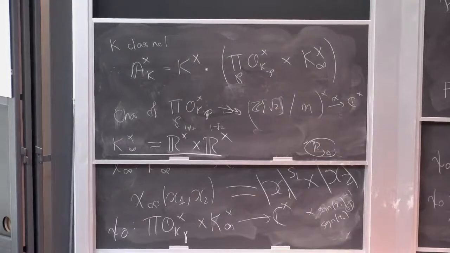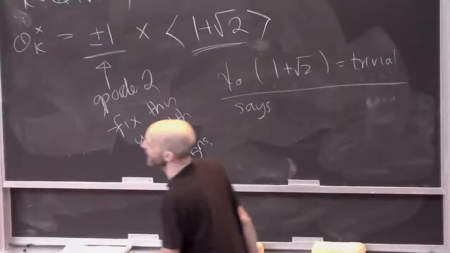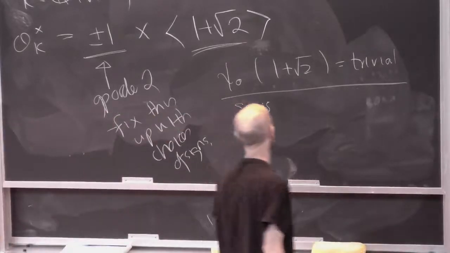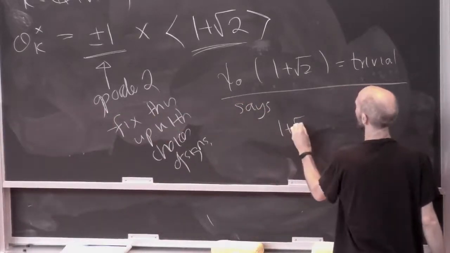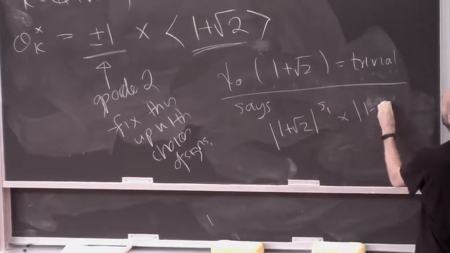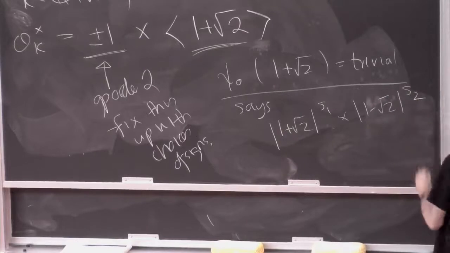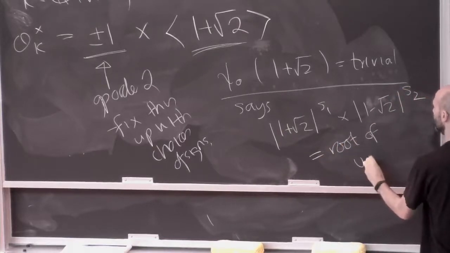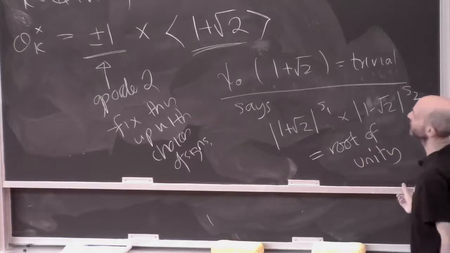The noise is just some roots of unity. This seems to me to say, though, that when we look at this bit here, this is the terrifying bit, the moving bit, the s1 and s2, that the norm of 1 plus root 2 to the power of s1, times the norm of 1 minus root 2 to the power of s2, must be some root of unity. Right, that's what it says.